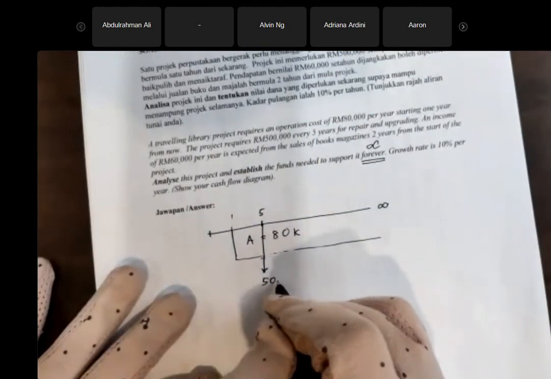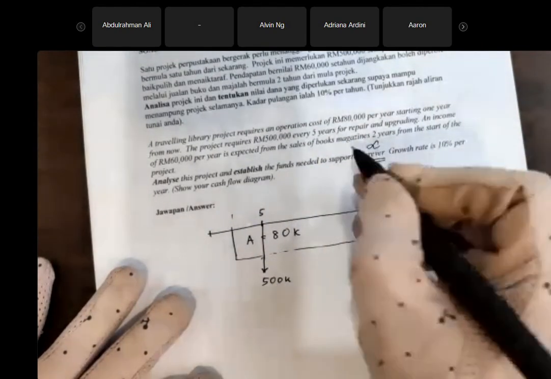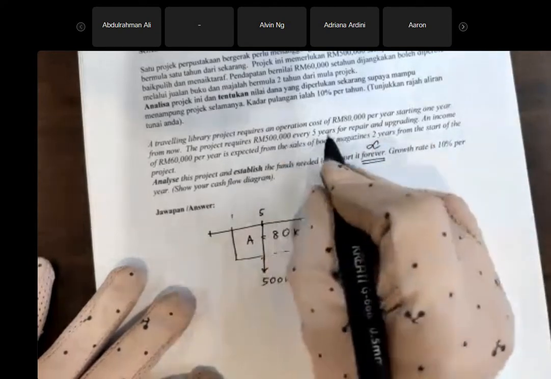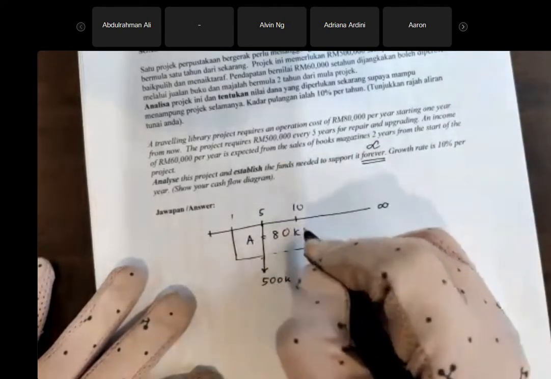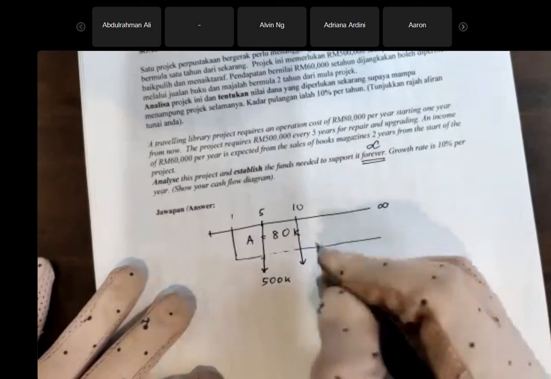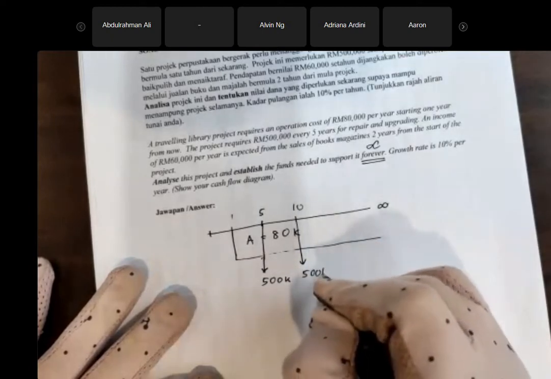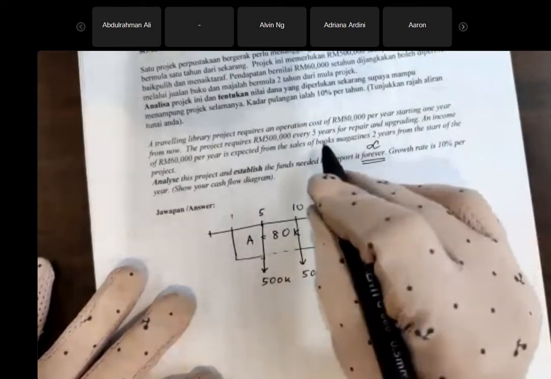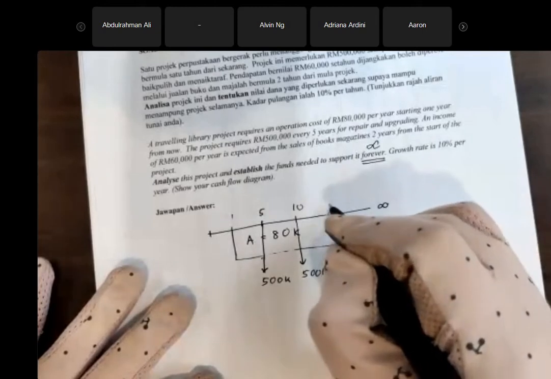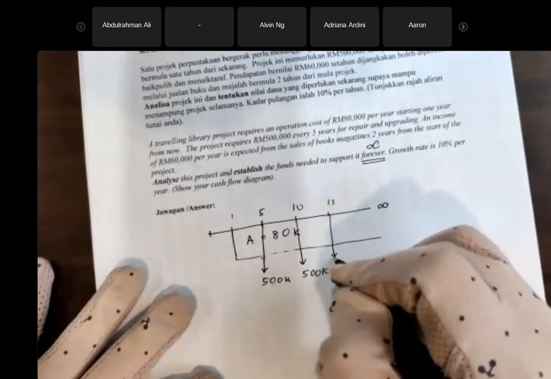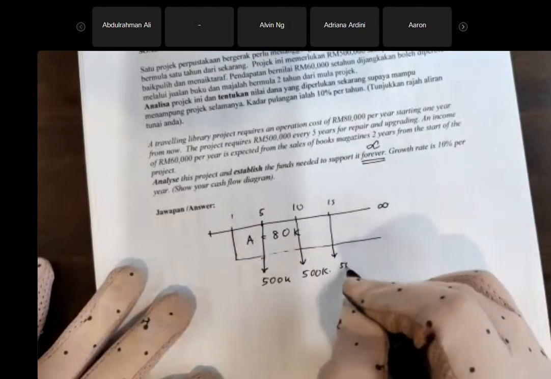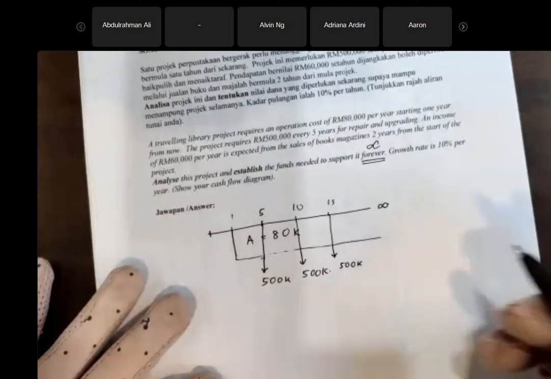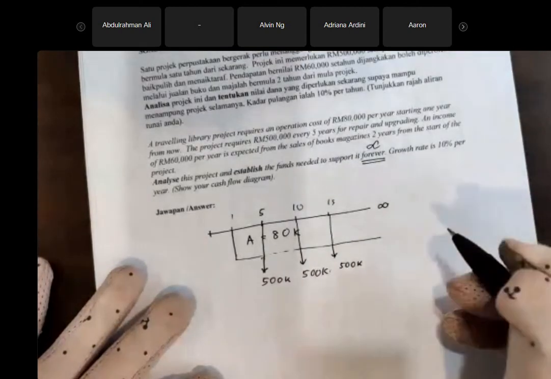Okay, 500. And then every 5 years you have 500K, and you have to do the repair and upgrading. Every 5 years you have to invest 500K.